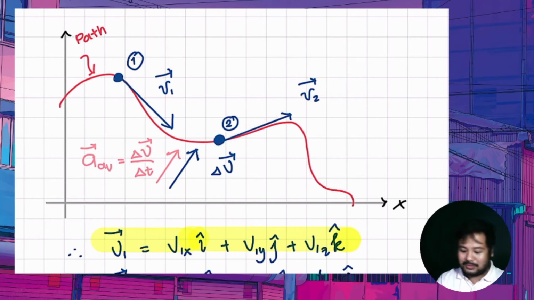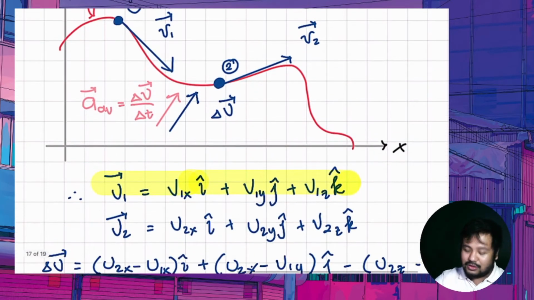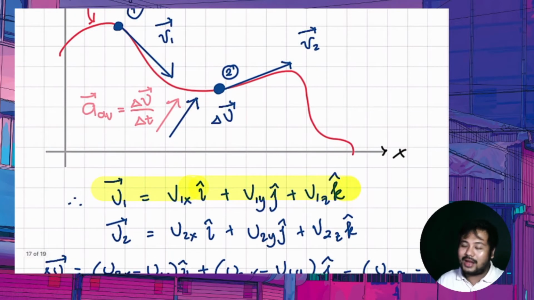So, same thing, as you can see, your v1 and v2 are not just on the x-axis and y-axis. So, you could also have it in terms of unit vectors. You have there v1 and v2 in terms of i hat, j hat, and k hat. This is what I call the unit vectors notation. Okay?